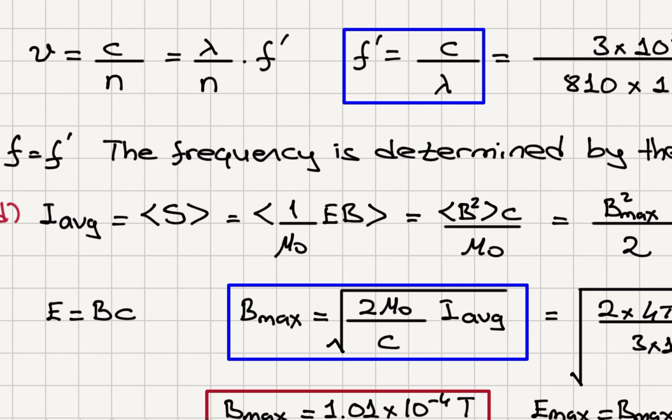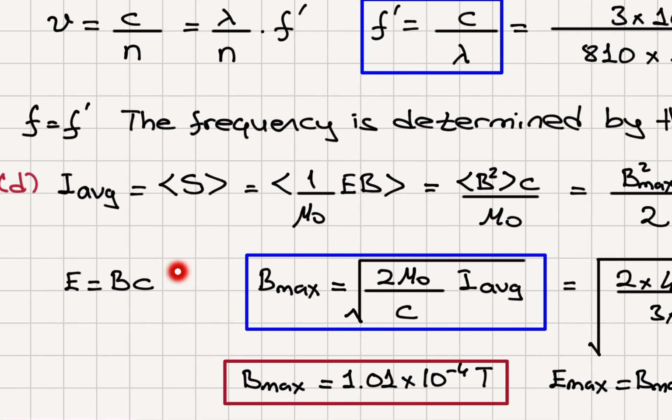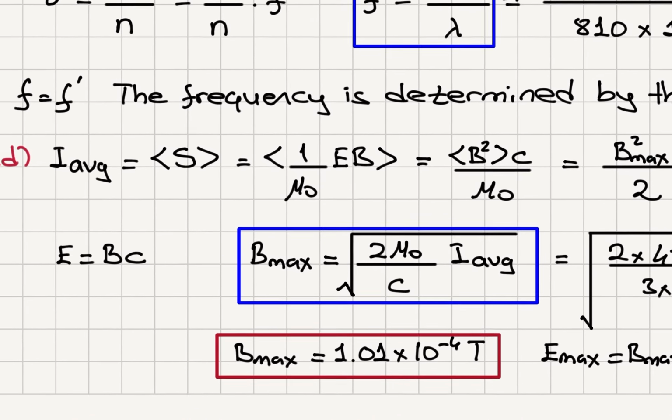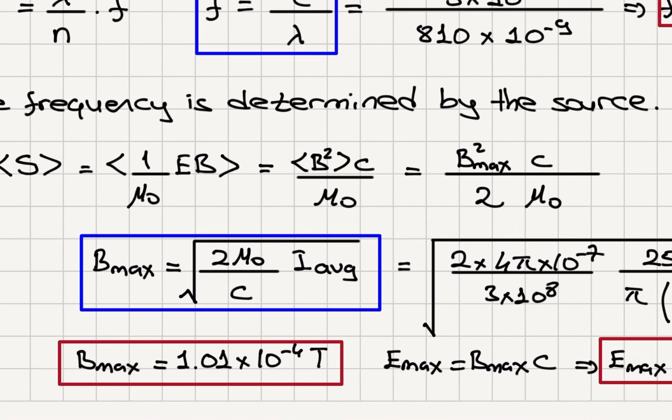What is the maximum electric field and magnetic field magnitude? Looking at the average intensity here, average value of S, we realize that the Poynting vector is 1 over mu0 E cross B for a plane electromagnetic wave. This is 1 over mu0 EB, and E is equal to B times c from Maxwell's equations, where c is equal to 1 over square root mu0 epsilon0.